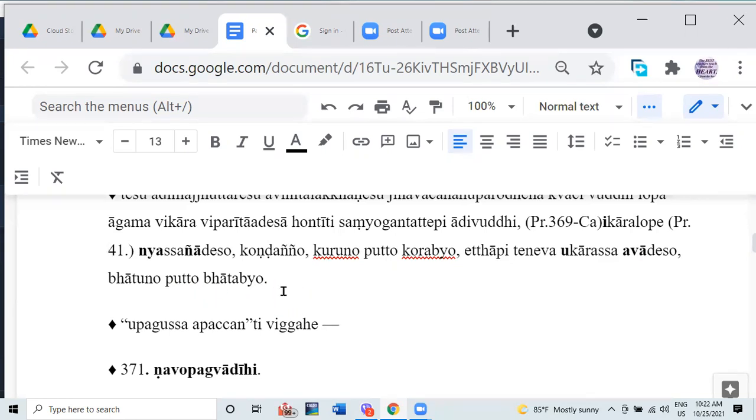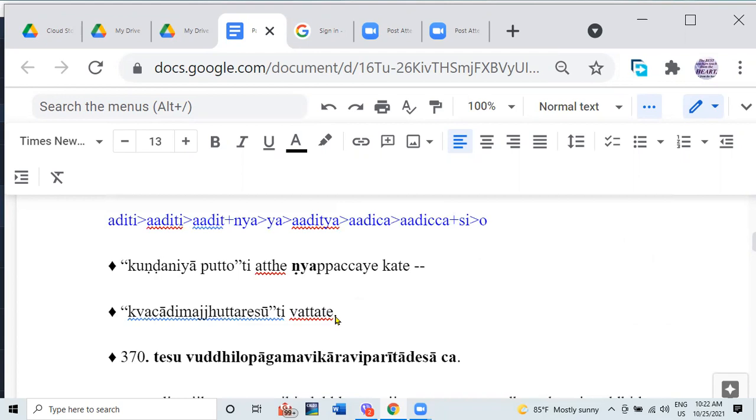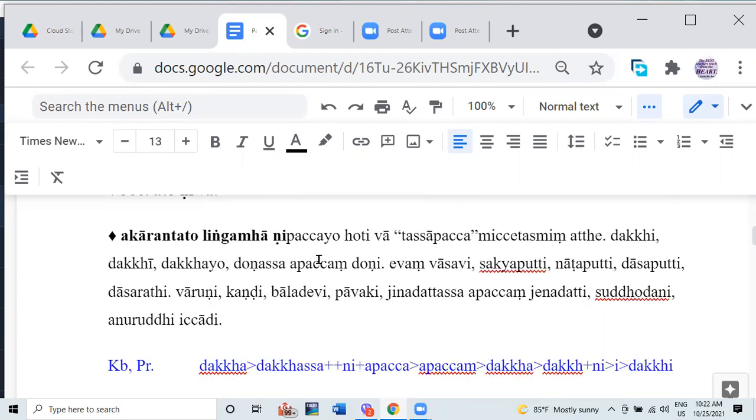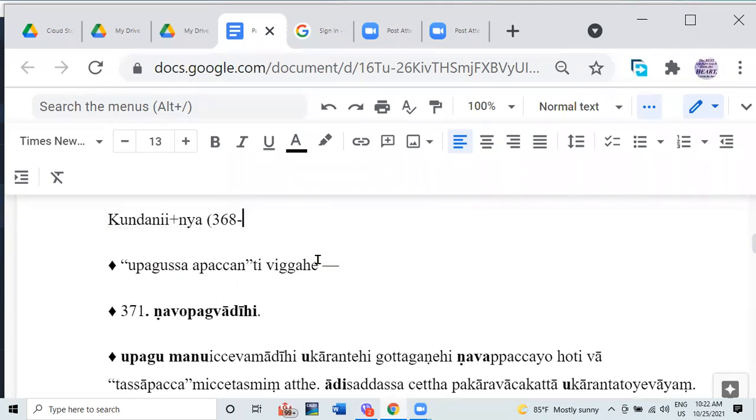Kondani. And then the next, Bambu Sutta, and the word war of attorney war. This is 368.